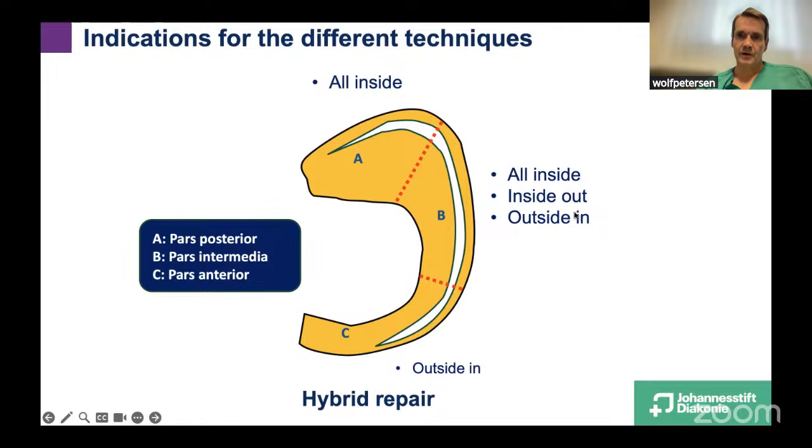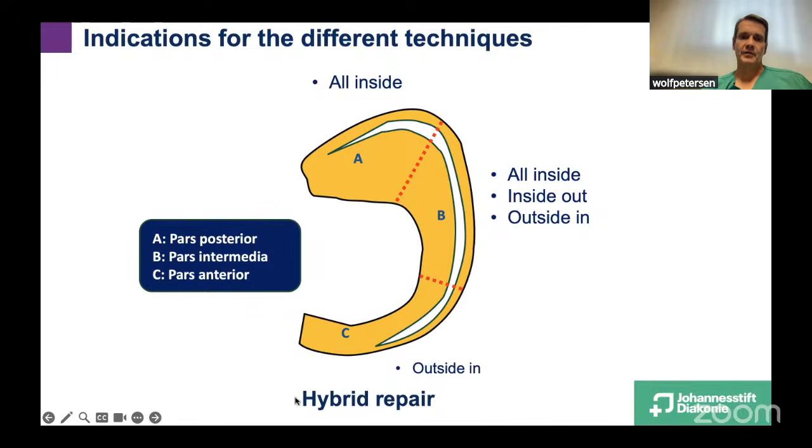I prefer the outside-in technique in this region because it's cheaper and has very good biomechanical properties. And in the anterior part, you can only use the outside-in technique because it's very hard to place sutures here with the other devices because of the location of the tear.